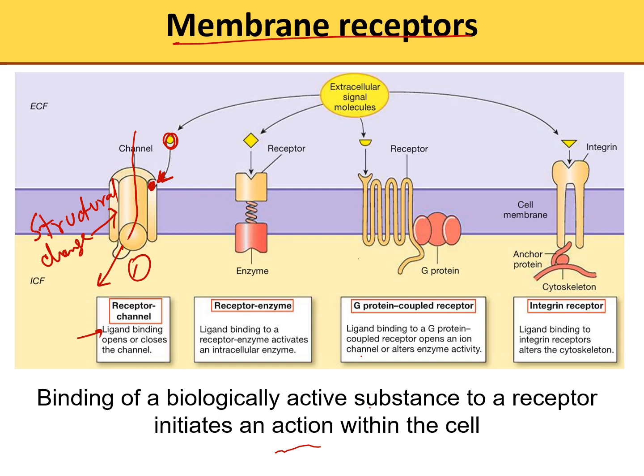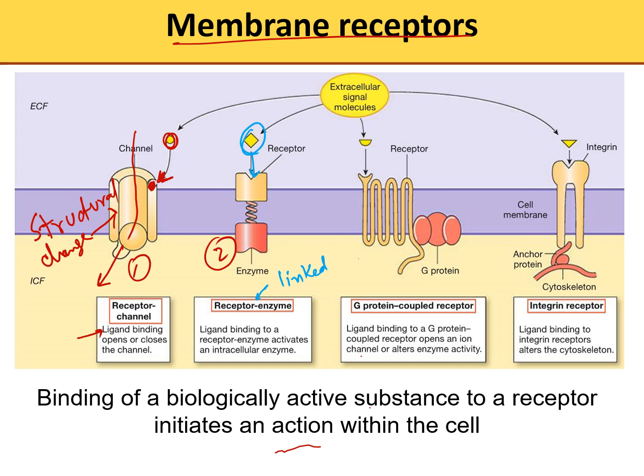Okay. The second approach is called a receptor linked to an enzyme. So this is receptor linked to a channel. This is receptor linked to an enzyme. This dash means linked. So in here, what happened again? A ligand binds to a receptor.